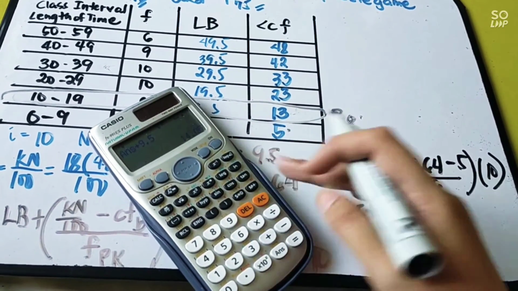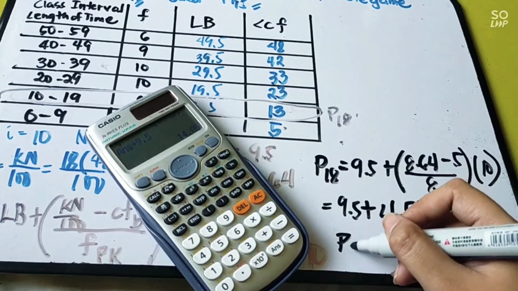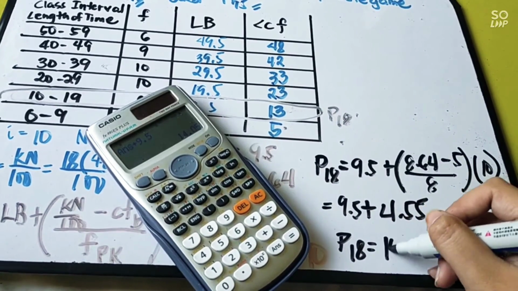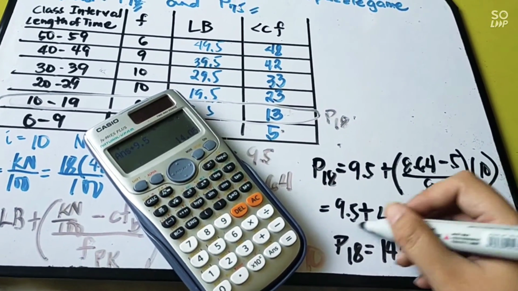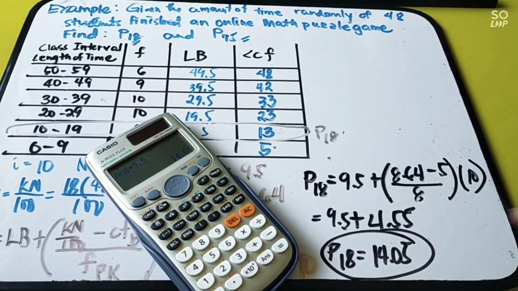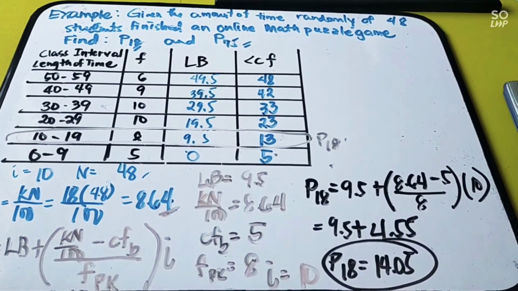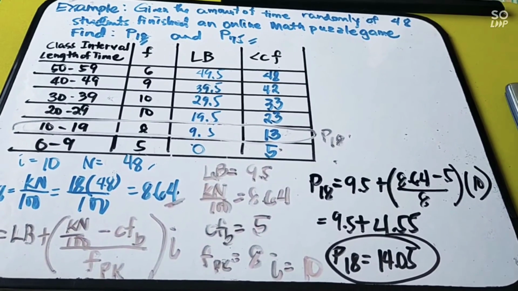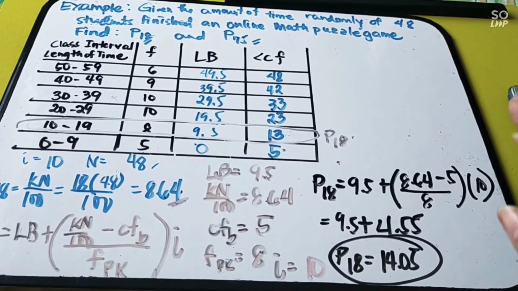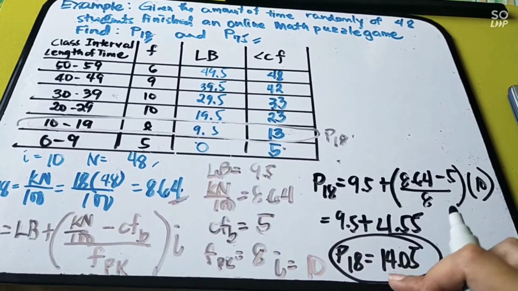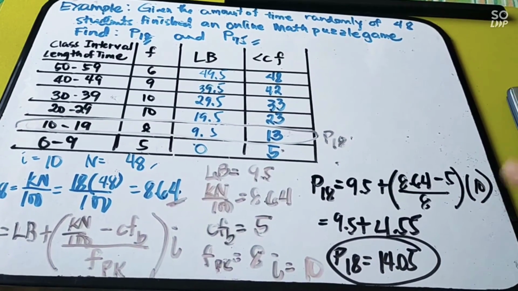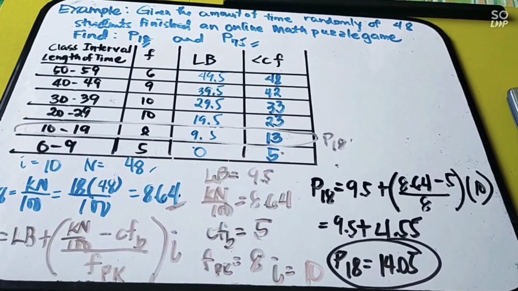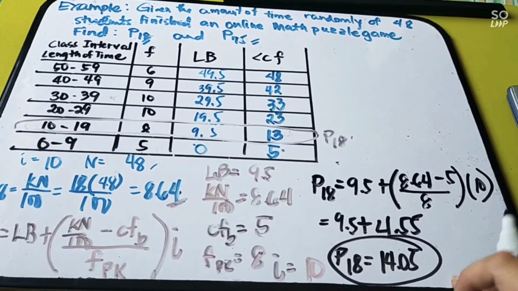So, ang sagot po ay 18 percentiles natin is 14.05. Ayan. So, meaning, 18% of the 48 students finish the online math puzzle game within or below 14.05 minutes. Okay? So, ganun po siya kasimple.